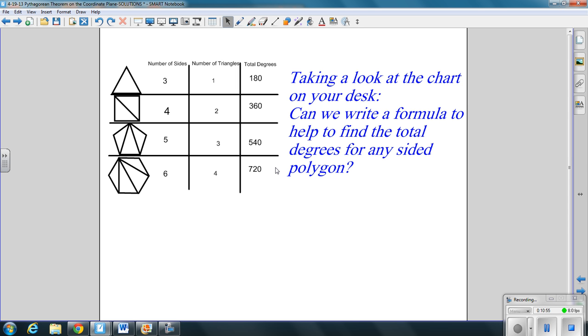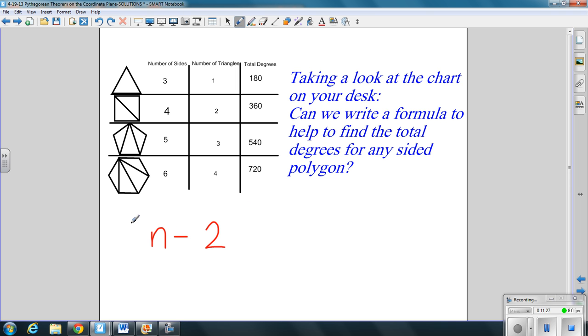So if I said I had a polygon that was 10 sides, instead of drawing a 7-sided figure and then an 8-sided and continue this chart, is there a formula that we can produce without having to draw a chart such as the one in front of us? So think about it. The number of sides to find the number of triangles, what do I subtract? 2, correct? So number of sides, n, minus 2.